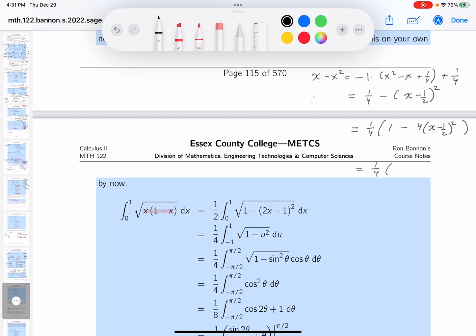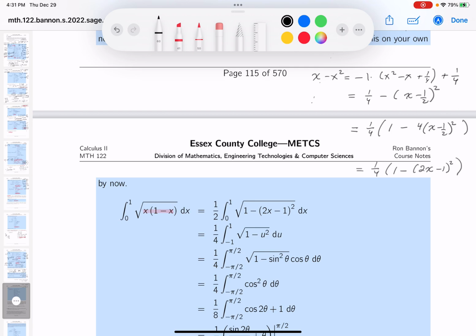And I'm just doing the radicand at this point. I'm trying to figure out what it looks like. And this would be 1 minus, well, 4 is the same thing as 2 squared. So I'm going to bring it on the inside. And that would be (2x minus 1) quantity squared.